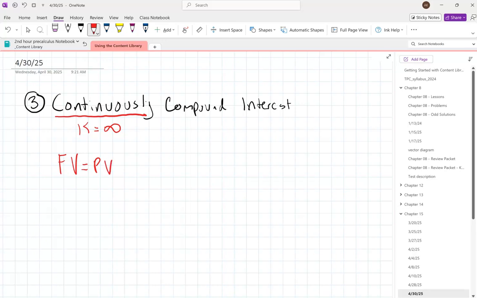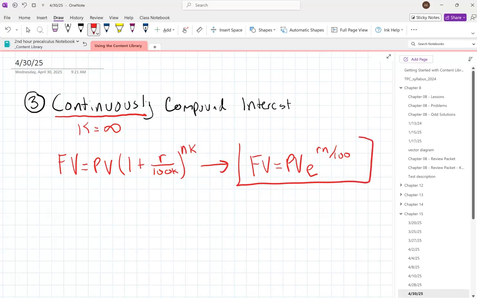Is that our old formula is going to transform into this. So FV, still future value.